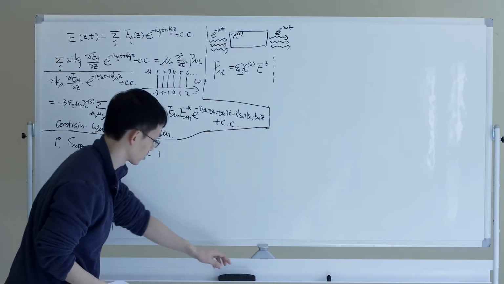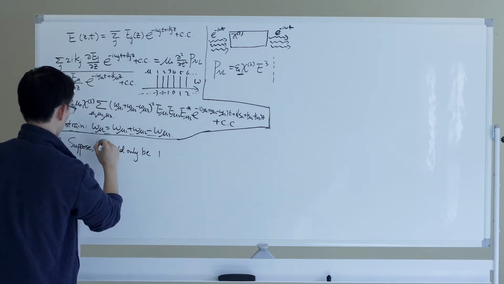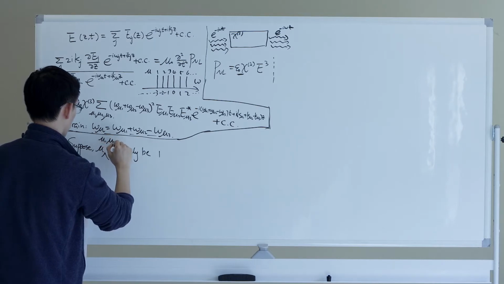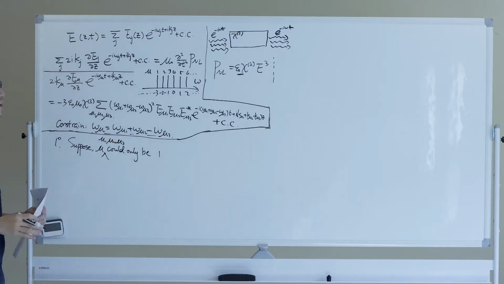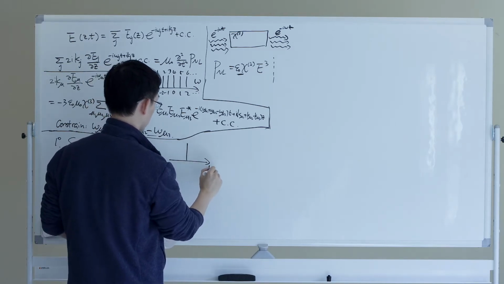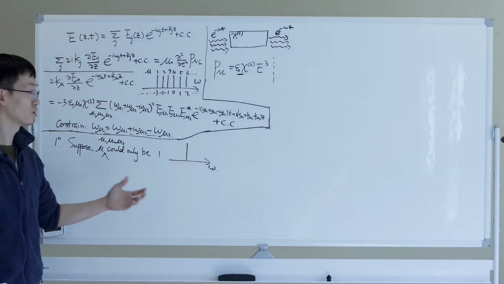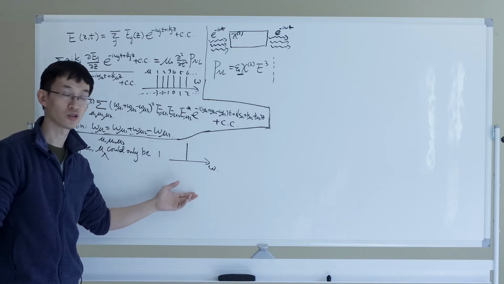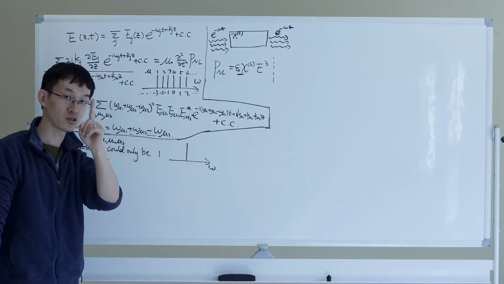Mu 1, mu 2, mu 3, all of them can only be 1, meaning there's only one frequency component. This will return to our previous class situation, where we only consider one wave.